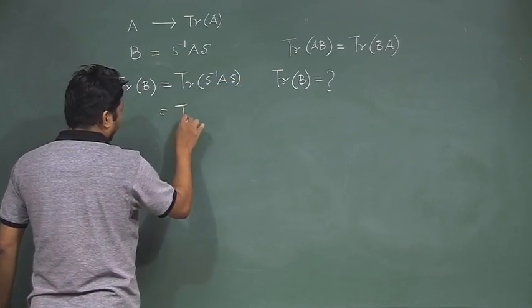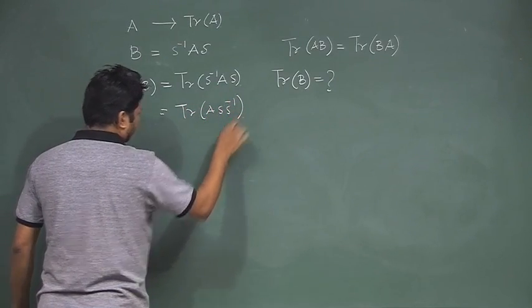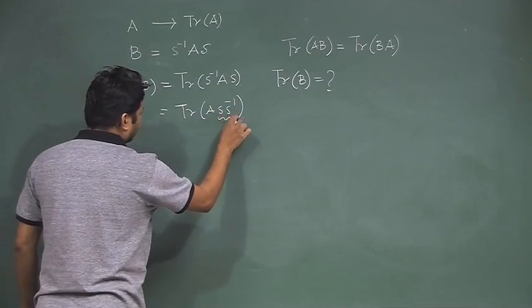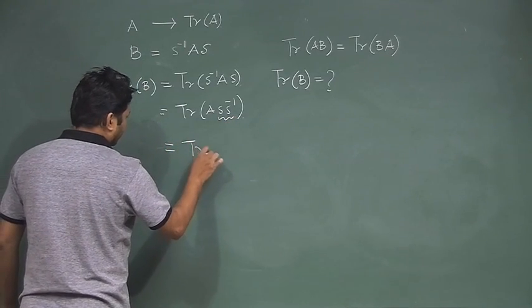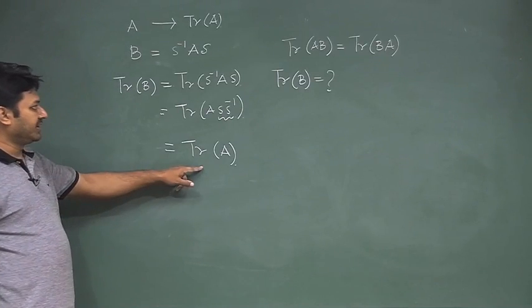I write it like this. This is nothing but unit. So, trace of B becomes trace of A.